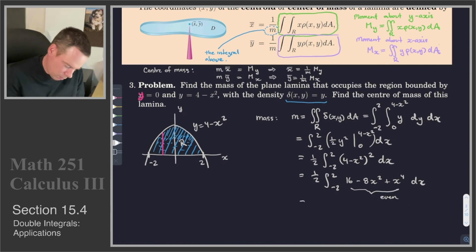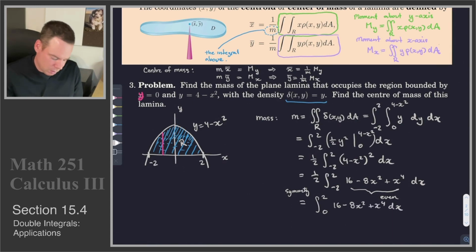So we could just integrate over half the interval and multiply by 2. So I'm going to use symmetry here, and I'll get rid of that half. And then I'll just integrate from 0 to 2 of 16 minus 8x squared plus x to the 4th dx.